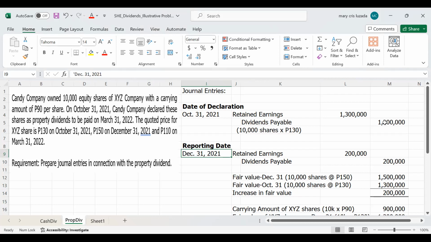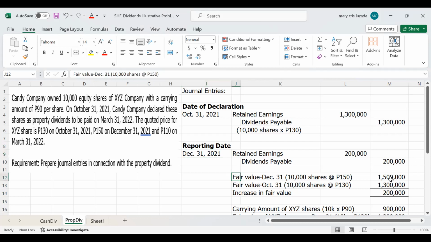So in our problem here, yung fair value ng December 31 naging 150, no, compared to 130 noong October 31. So ibig sabihin, tumaas yung fair value ng non-cash assets natin, no?